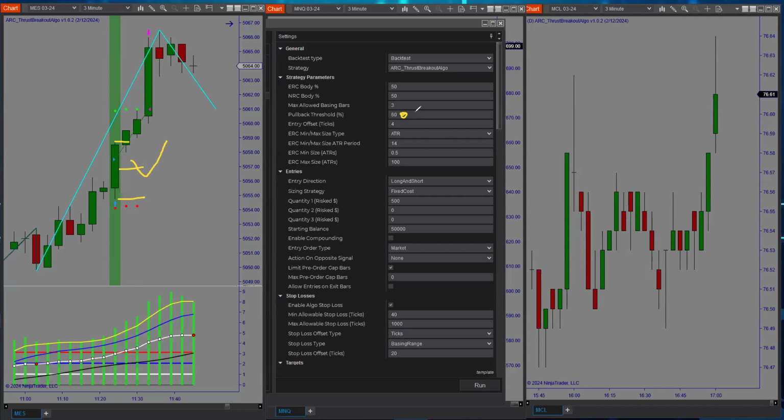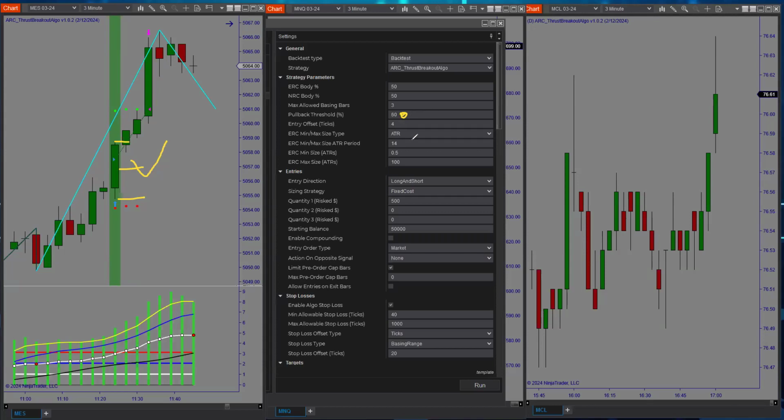If you want to go with a 50, you might have to go above 50, in other words, to account for an extra tick or 2 here and there. Okay, does that make sense? So that's something to pay attention to and keep in mind.